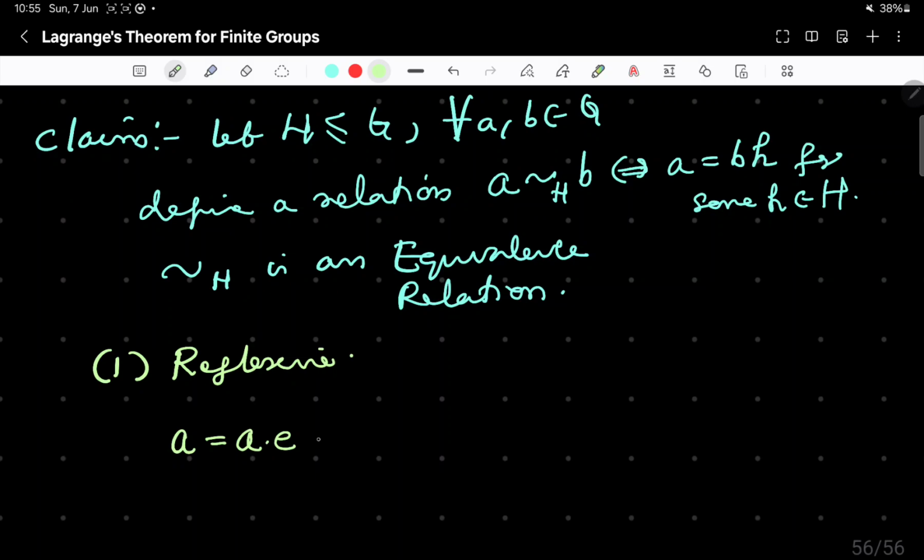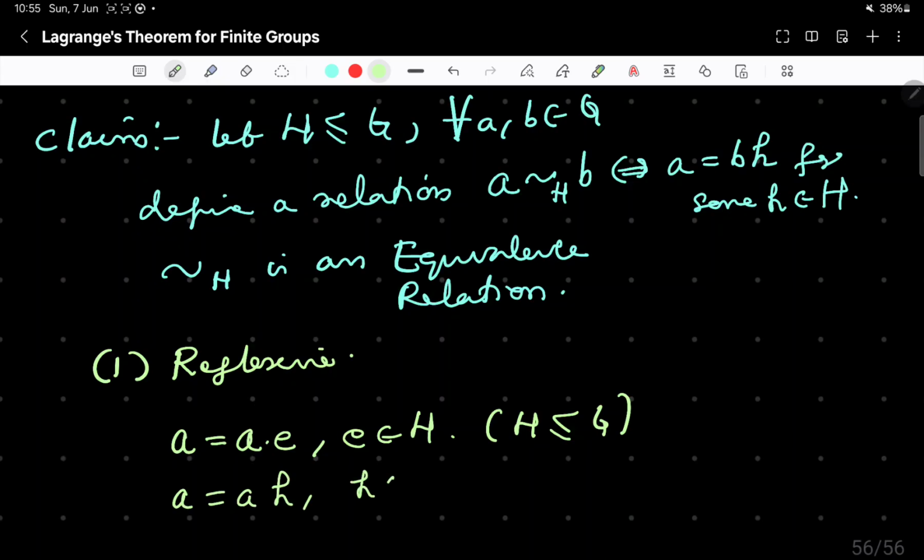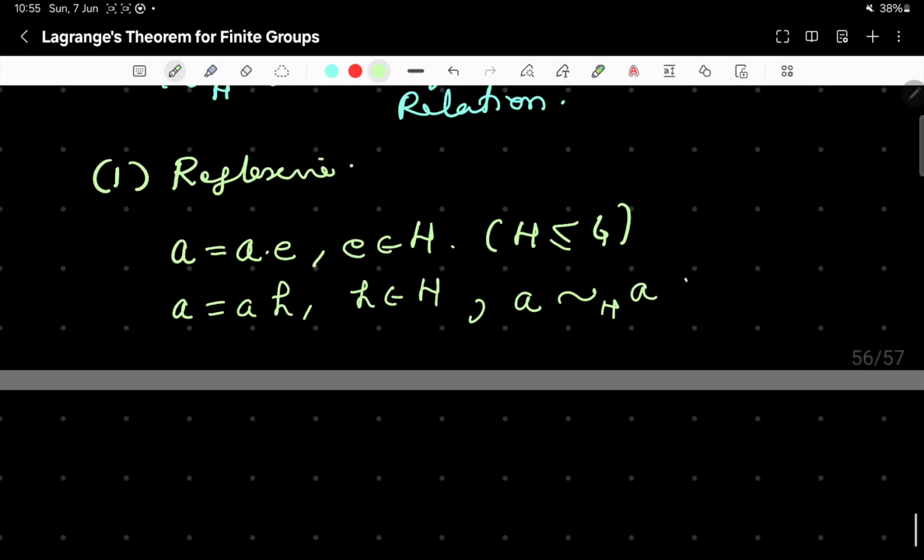Now e is an element of H, because H is a subgroup of G. So you get a is equal to a times e, where e is in H, so a is equal to ah where h belongs to H. That h is e, so a is related to a itself. So it is reflexive, for every a it is true.